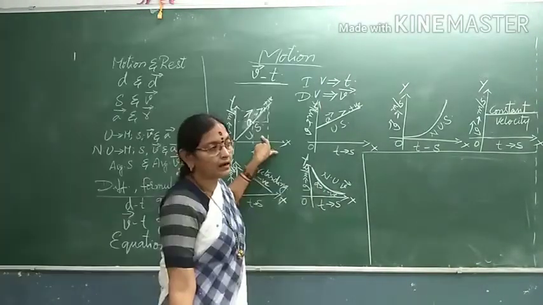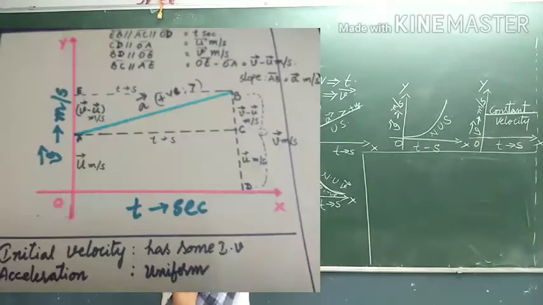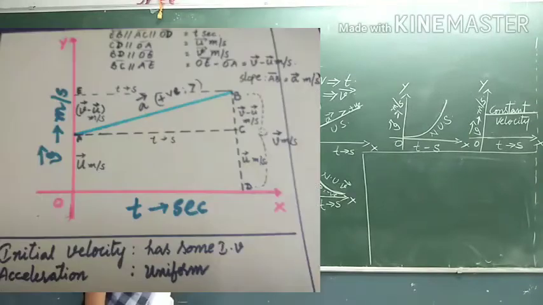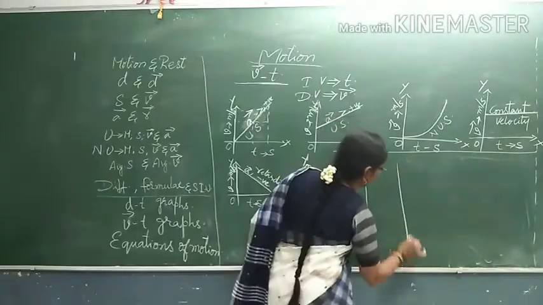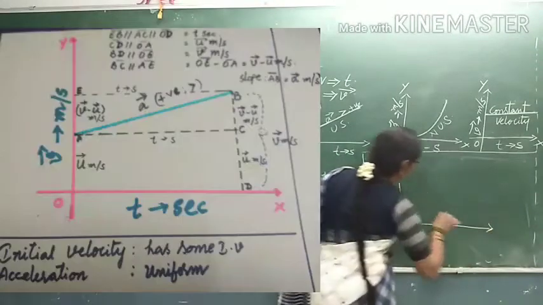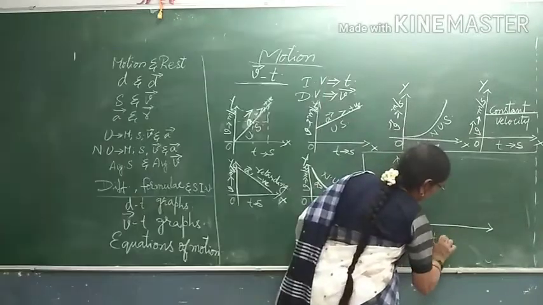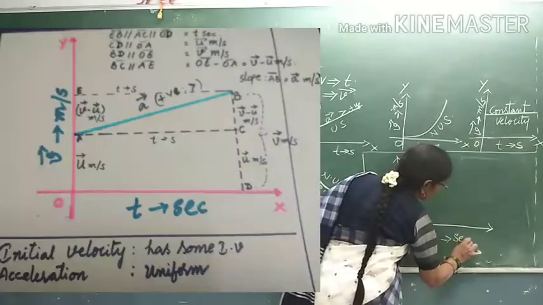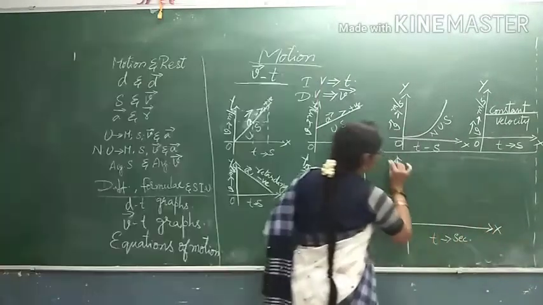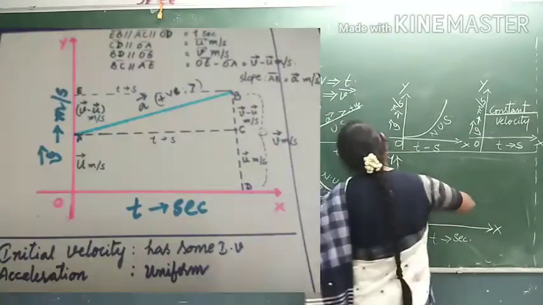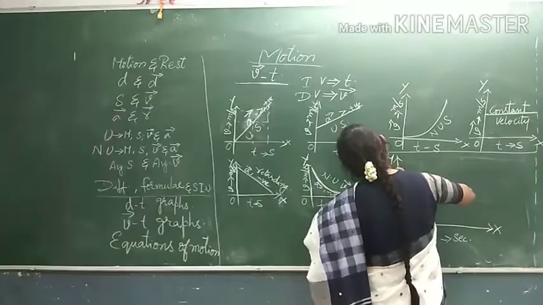So the area under the slope in velocity time graphs gives the distance covered by a moving body. Now you remember this graph for today. It's very important, velocity time graph only, so that we can discuss the equations of motion in the next class. So once you carefully see what are the parallels coming.